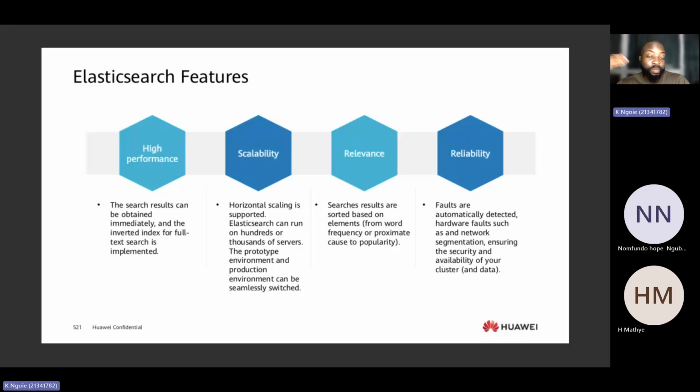Think of scenarios such as when you are on an online store, looking for a certain product. You want to get the product as fast as you can. You don't want the system to be loading and then you wait for a long time. No, the search must be really fast, right?